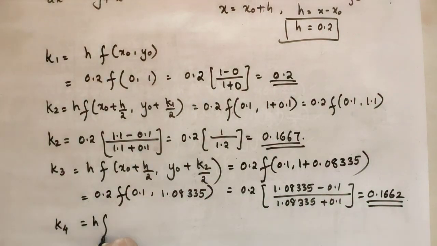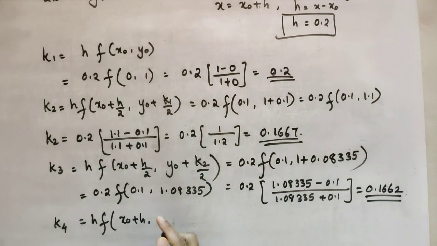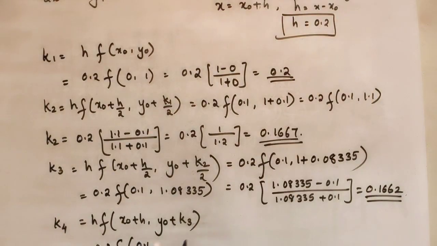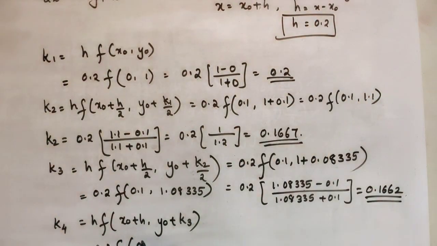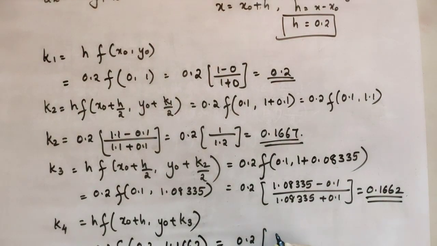So it is h times f of x naught plus h, as per the formula, y naught plus K3. So it's 0.2 f of, h is 0.2, plus x naught is 0.2, and y naught is 1 plus K3, it becomes 1.1662. Then the value of y minus the value of x over the value of y plus the value of x.